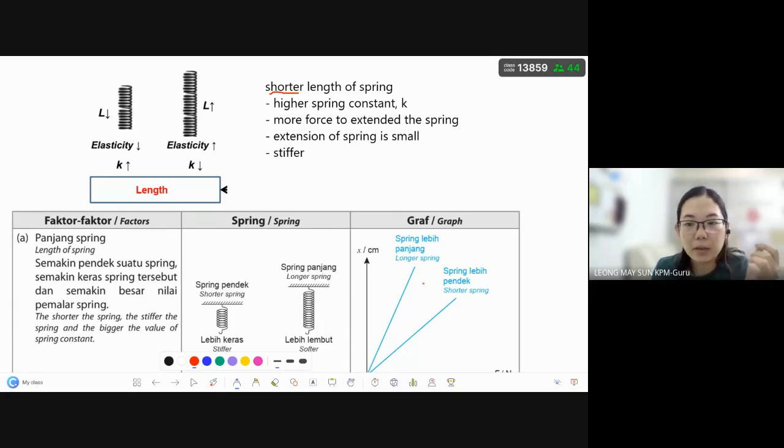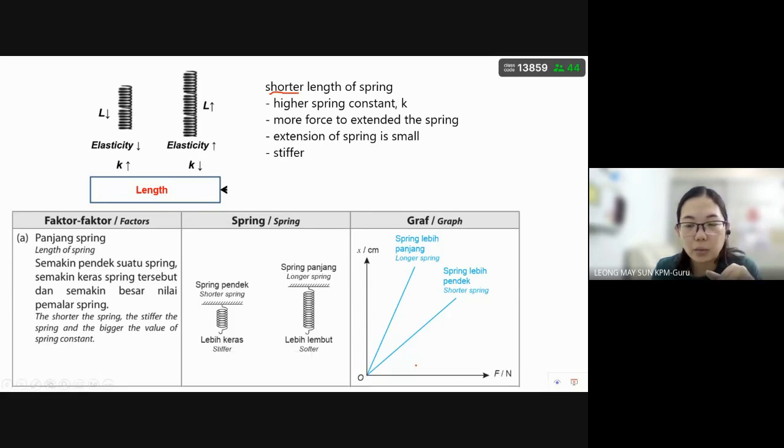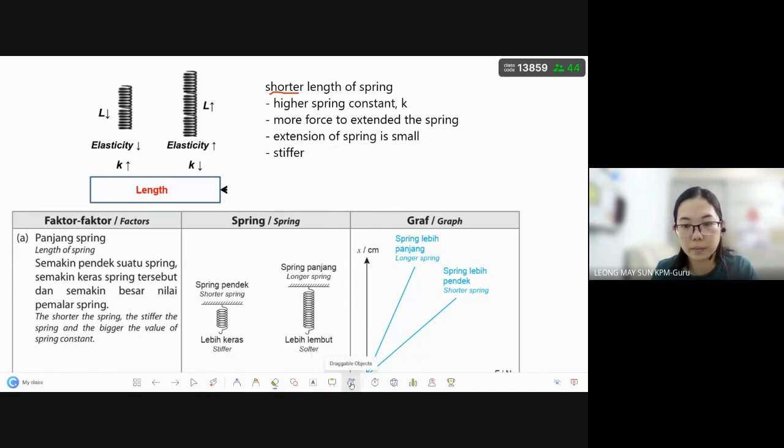Okay, in terms of graph, how do we see? First thing first, look at the graph, extension against force. So how do I know which is actually stiffer or not? What I usually do is draw a horizontal straight line, okay?